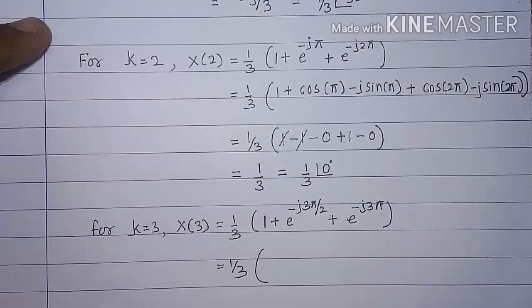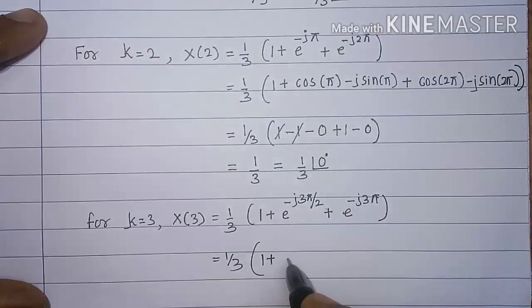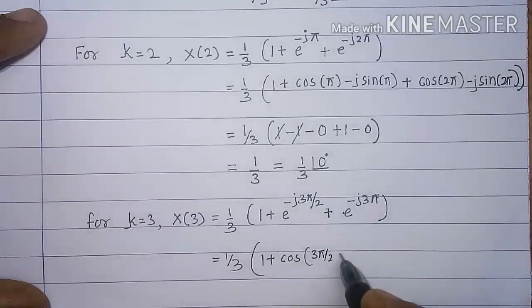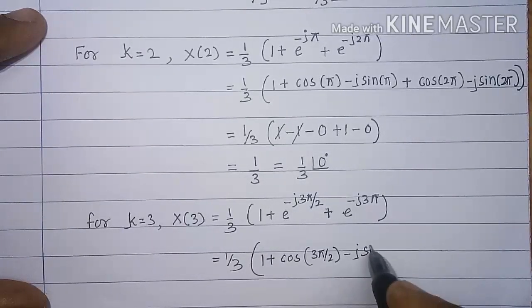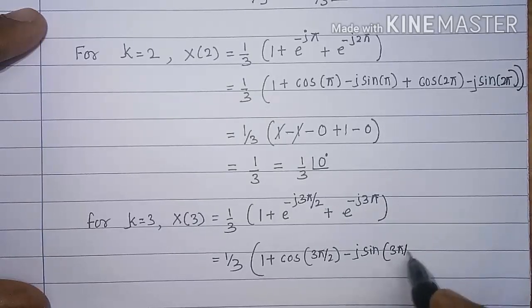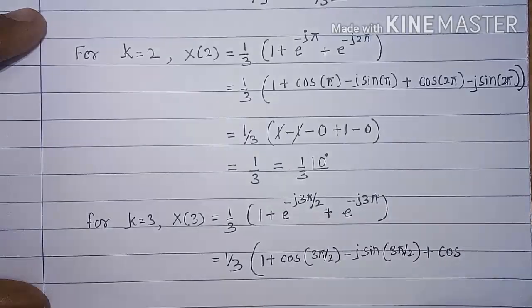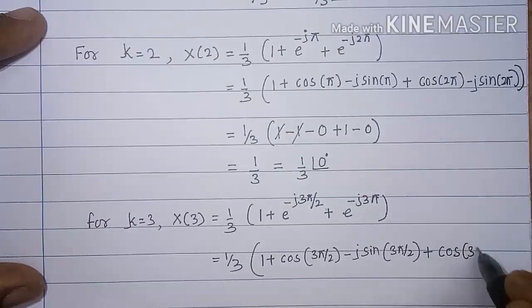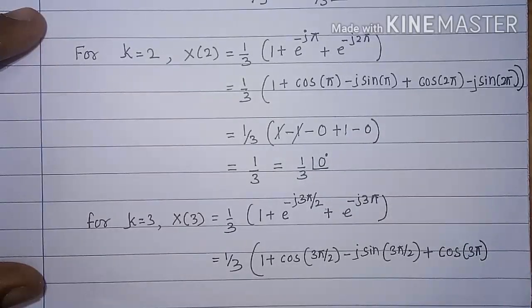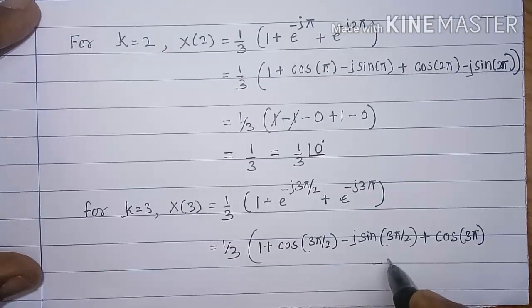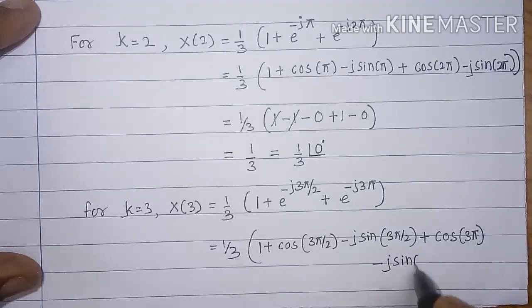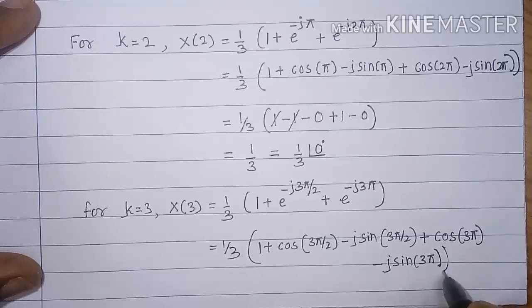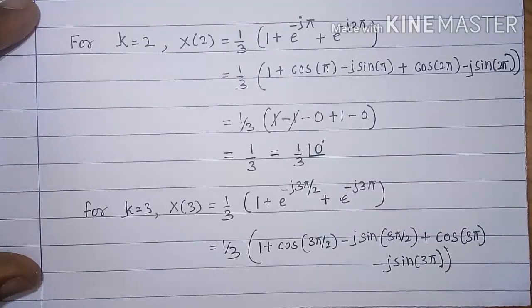One by 3 into the bracket 1 plus cos of 3 pi by 2 minus j sin of 3 pi by 2 plus cos of 3 pi minus j sin of 3 pi.